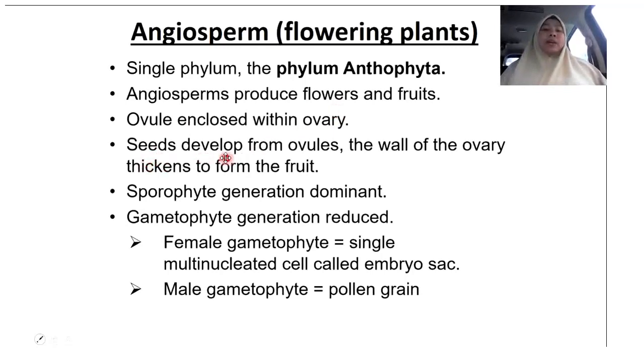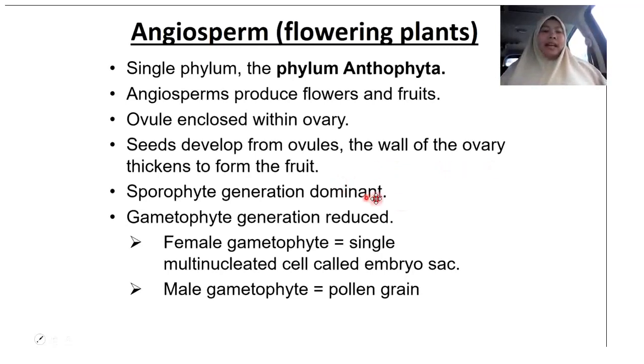The seed develops from the ovule, and the wall of the ovary thickens to form the fruit. For example, just imagine a mango. The seed of the mango is developed from the ovule, while the sweet, orangey part of the mango is actually the ovary wall.